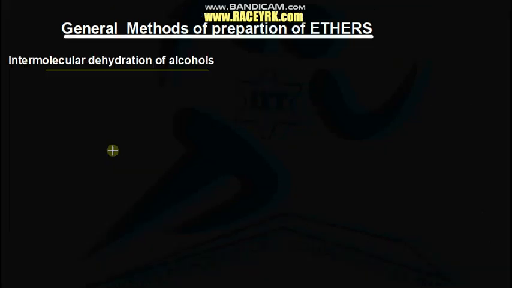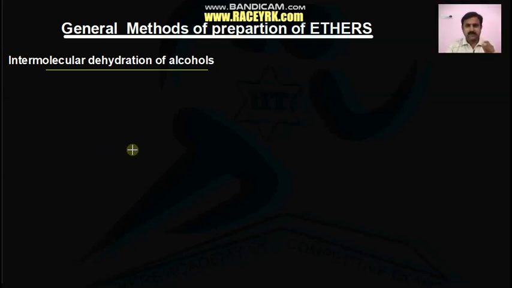So here, primary alcohols undergo the SN2 reaction mechanism, while secondary and tertiary alcohols undergo the SN1 reaction mechanism, that is the dehydration mechanism to give ethers. So how that takes place, we will see in this general reaction mechanism.